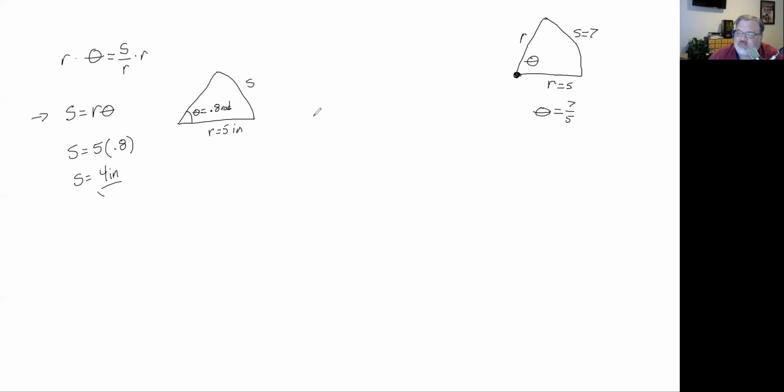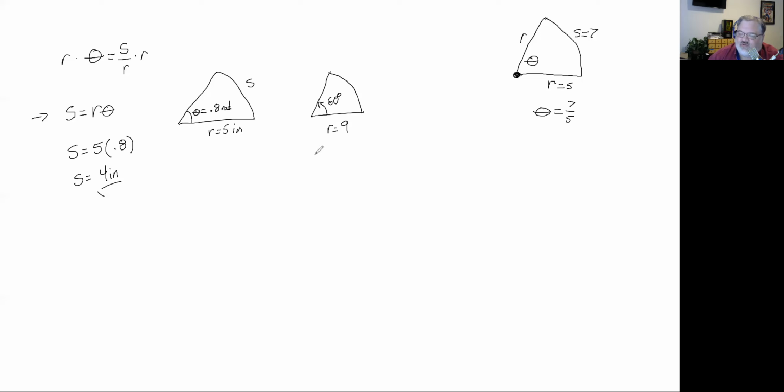If we tried to compare this to doing the same problem in degrees, let's say we had a radius of, say, 9 inches, and this angle instead was 60 degrees.